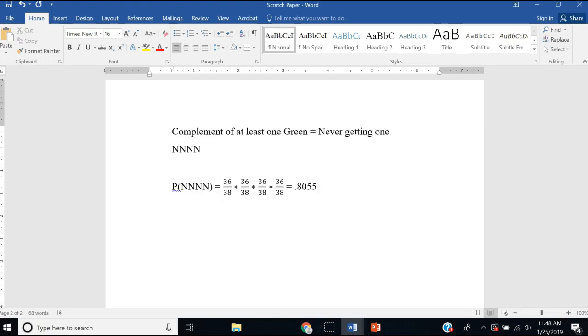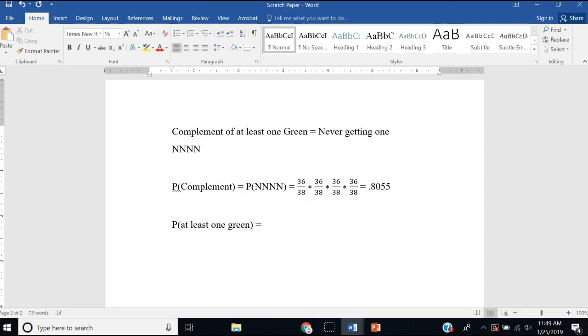Now, we're not done yet. What we just found is that the probability of the complement of what we were looking for is 0.8055. However, we wanted to find the probability of the event. So the probability of at least 1 green, we know that this probability plus the probability of its complement have to add to 1.